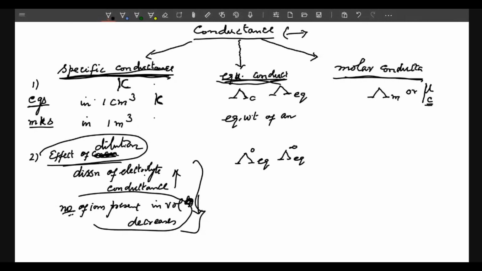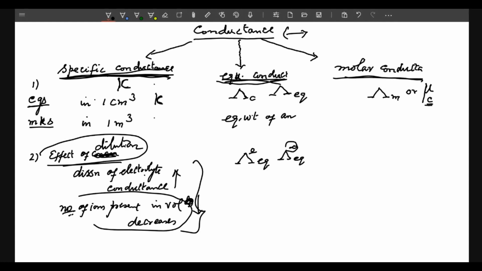When will the concentration be zero? At infinite dilution. Therefore, instead of zero, we can also put lambda infinity, that is, at infinite dilution. That is the limit to the conductance of that particular ion or electrolyte. Beyond that value, that conductivity will never be possible.